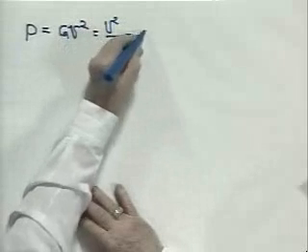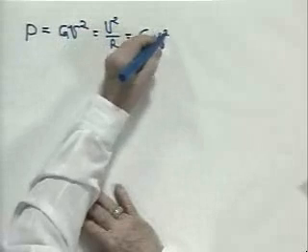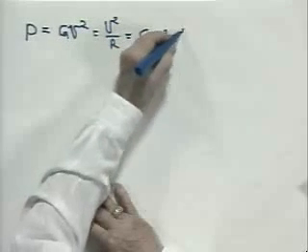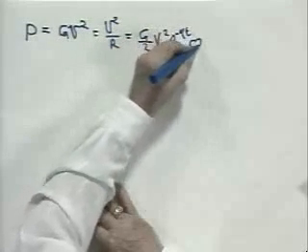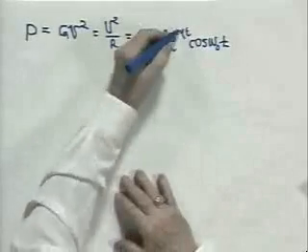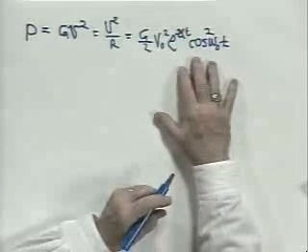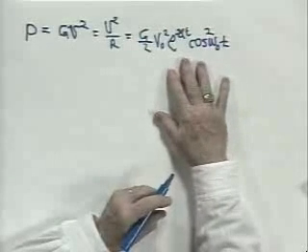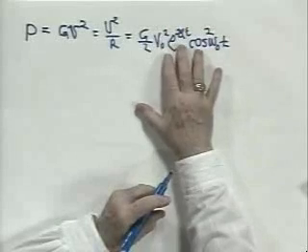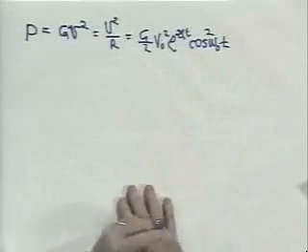G V squared I will write as G over 2 times V0 squared e to the minus 2 alpha t cosine squared omega naught t, using the value for v that we found previously: v was V0 e to the minus alpha t cosine omega naught t. We square that, and it looks like this.